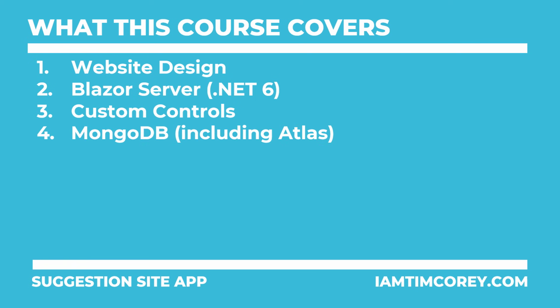We'll be using, of course, MongoDB as our database, and we're going to be using the Atlas version in order to allow us the use of transactions. We'll be using Azure Active Directory B2C for our authentication. That's a kind of third-party authentication. It's from Microsoft, but it's not built right into C#.